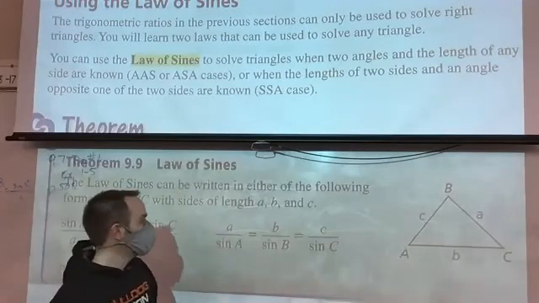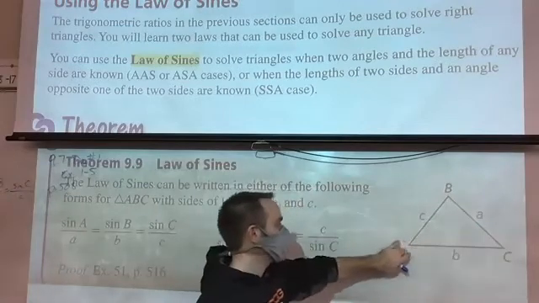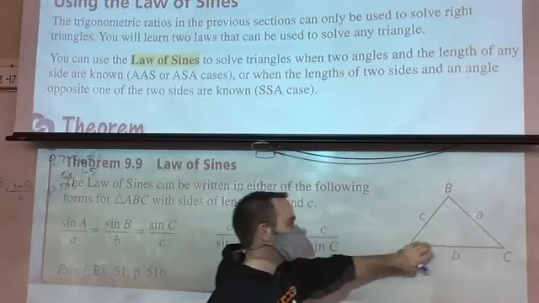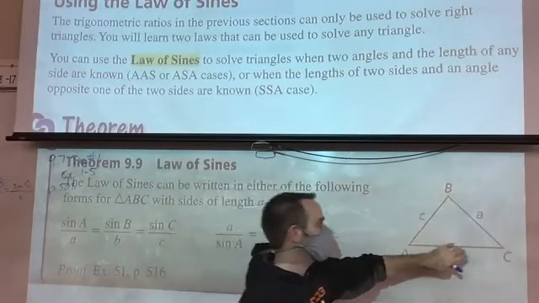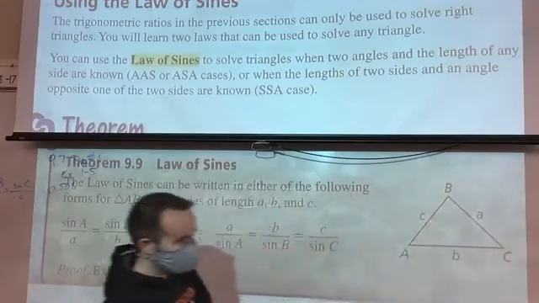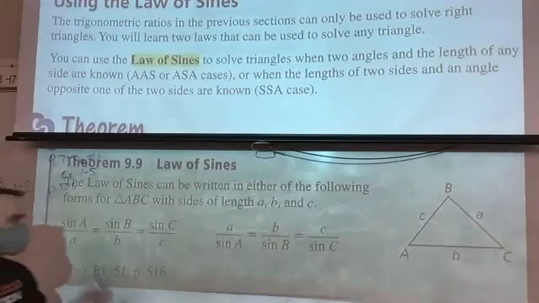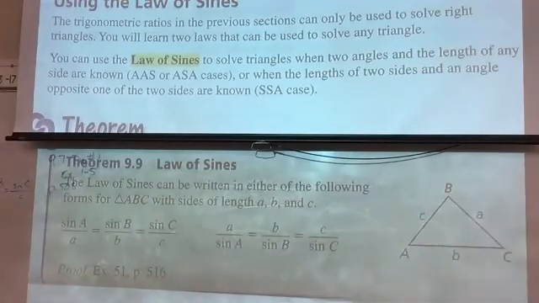So if I know the side length and the angle measure, I can do side divided by sine of that angle, side divided by sine of that angle, and it's going to be equal. In every single triangle, this proportion will hold true. And since it holds true in every triangle, we can use that to solve those triangles that we haven't been able to solve before.